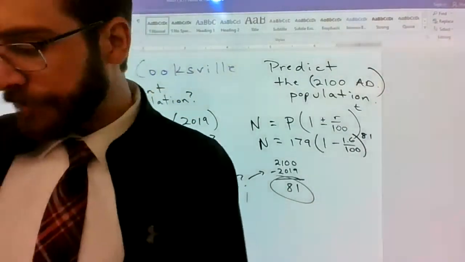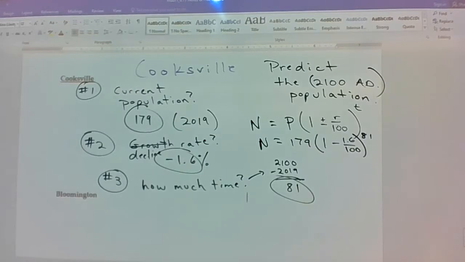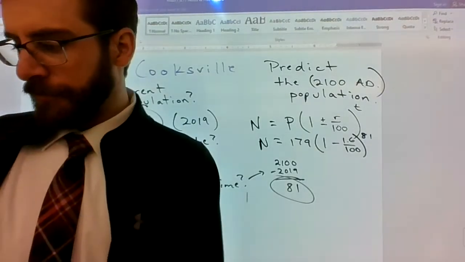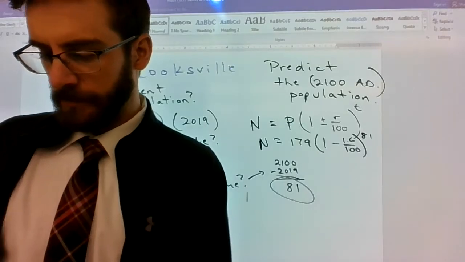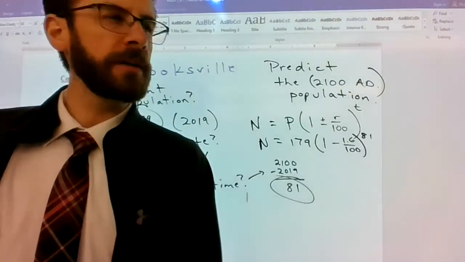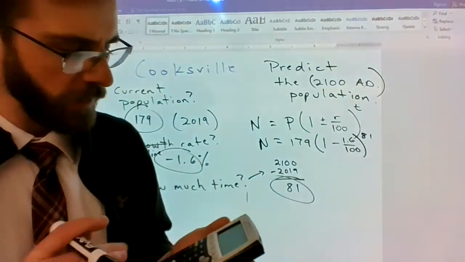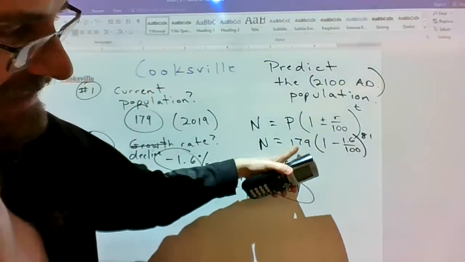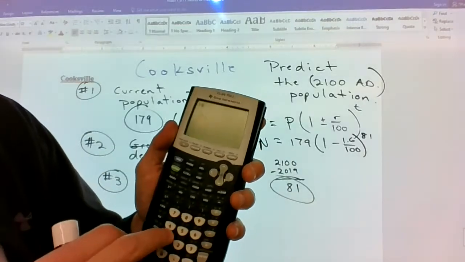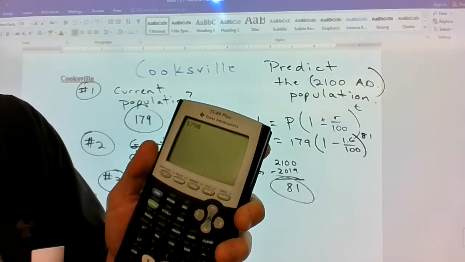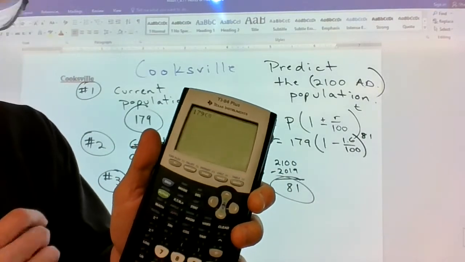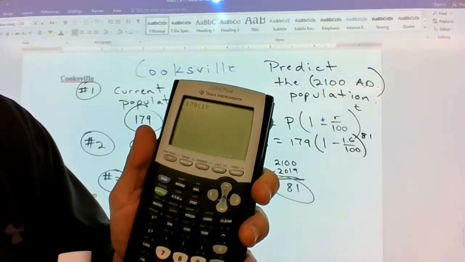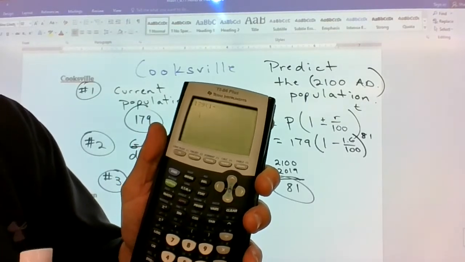Then we use our calculators. I will show you it through the lens of this calculator. I am literally typing it in exactly as I see it. 179. Then I put the grouping symbols in there. 1 minus, and then 1.6.